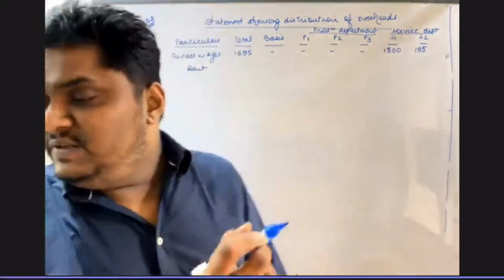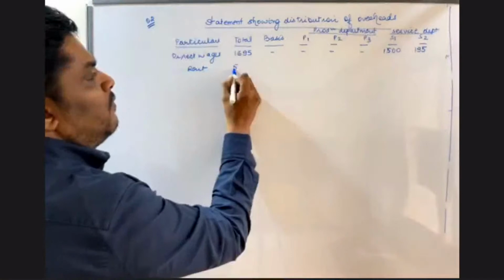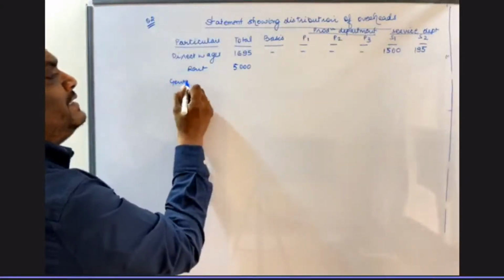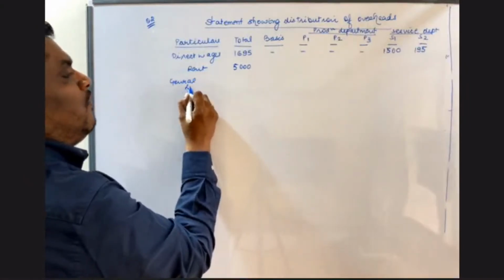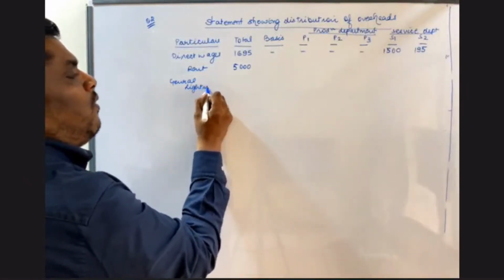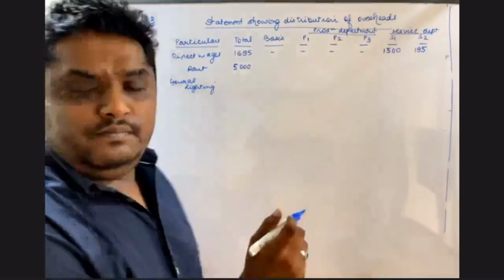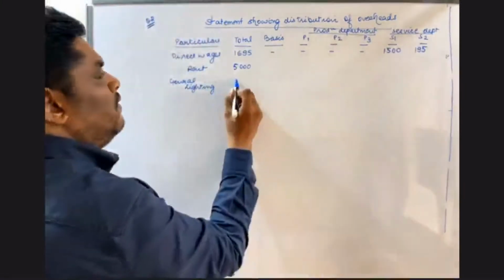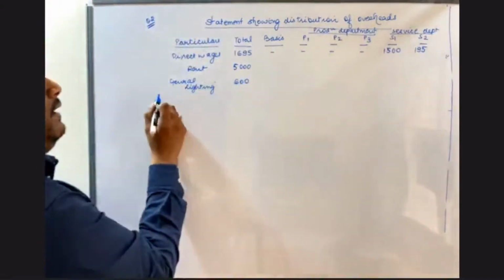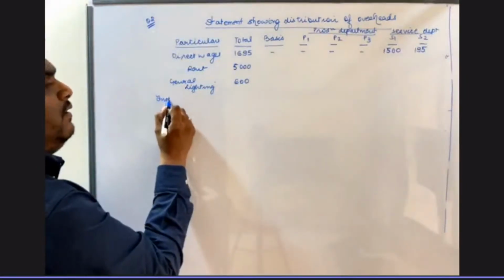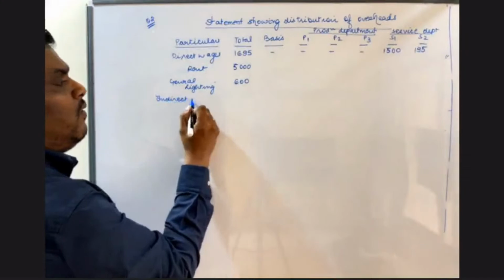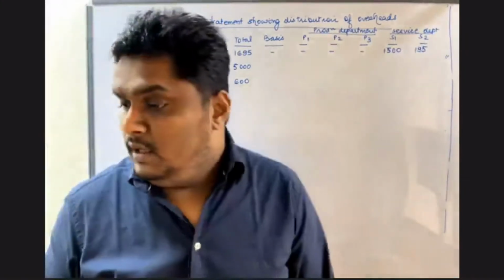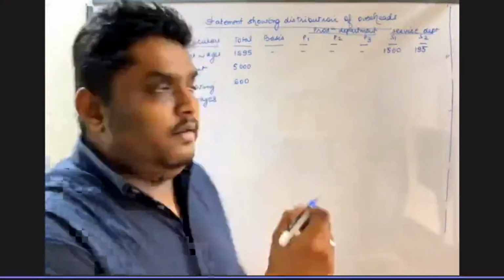Rent is given, that is 5,000. General lighting is given, that is 600. Indirect wages is given, that is 1939.